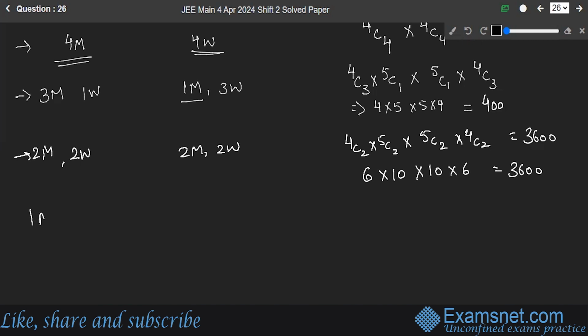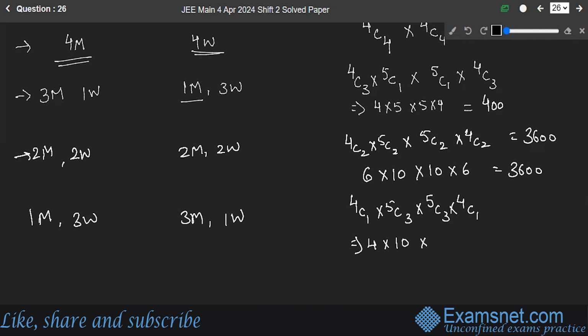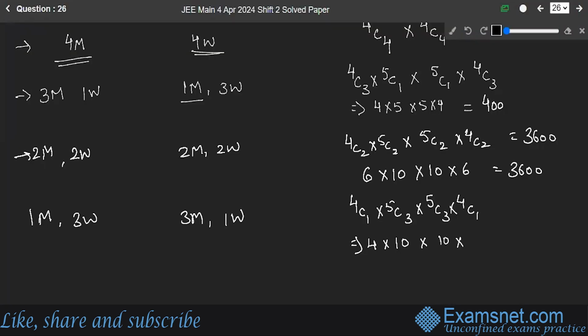Next is 1 man and 3 women from this group, and 3 men and 1 woman from here. So this is equal to 4C1, 5C3, 5C3, 4C1. This is again equal to 4 into 10 into 5 into, wait, 5C3 is 10, and 10 and 4, which is 1600 again.